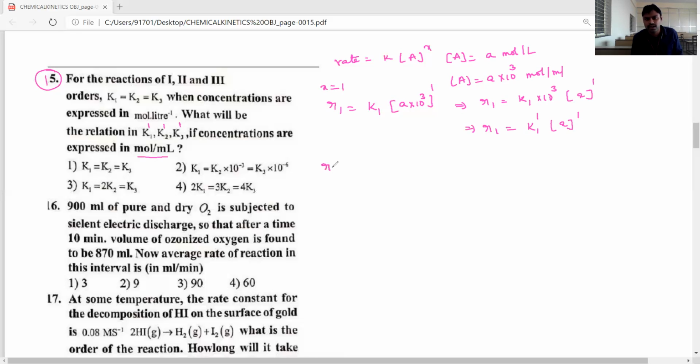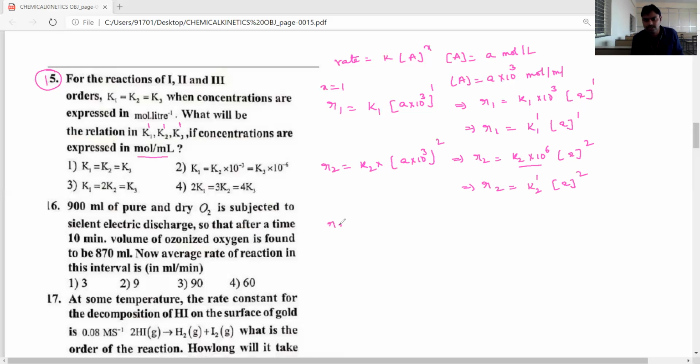In the same way, R2 is equal to K2 into A into 10 to the power of 3, whole square. This R2 is equal to K2 into 10 to the power of 6 into A whole square. This is one constant that we have to consider as K2 dash into concentration of A whole square.